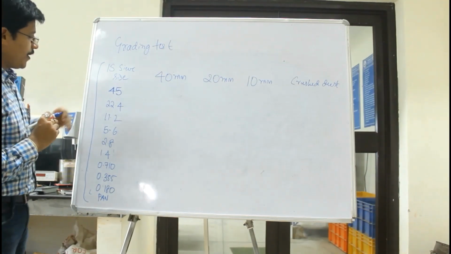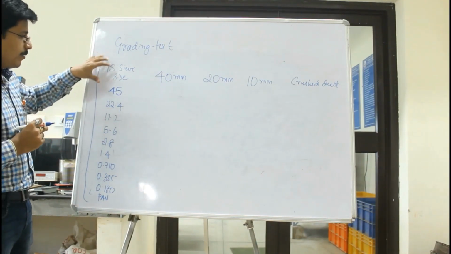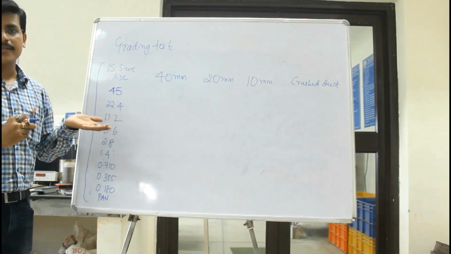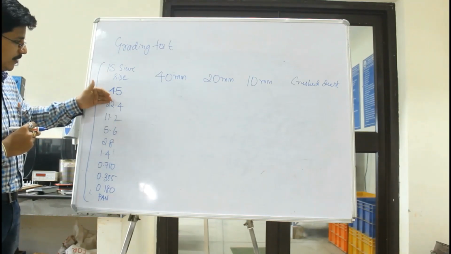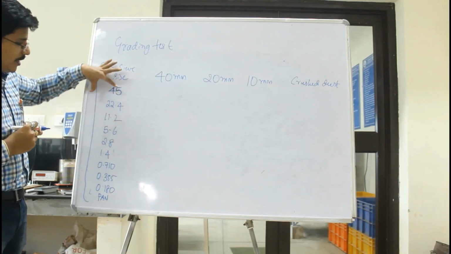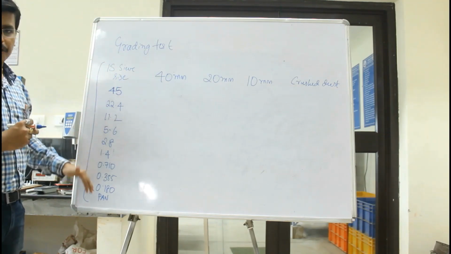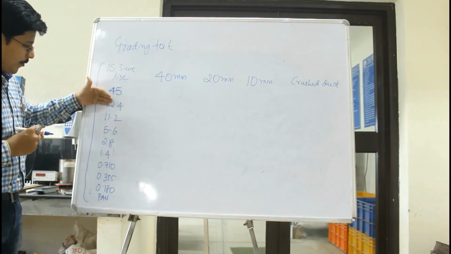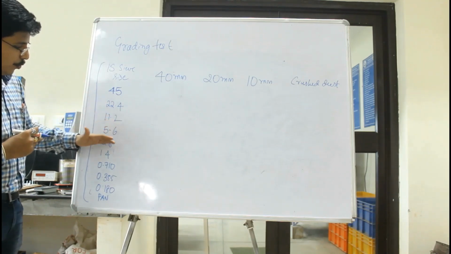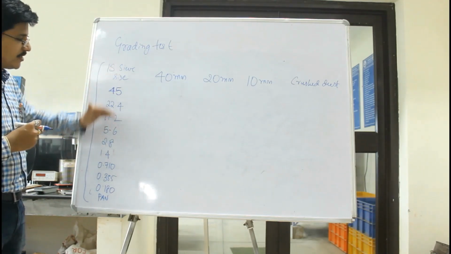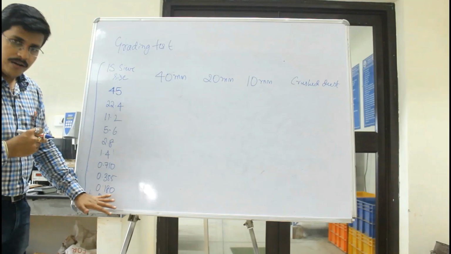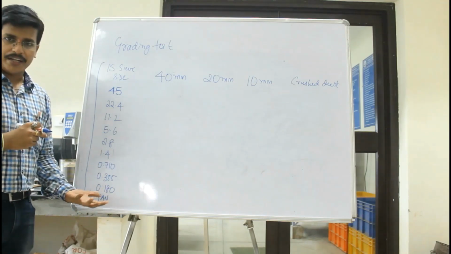So for a given mix, be it a bituminous mix or a concrete mix, we have a defined sieve set, which we will arrange in decreasing order. There is 45, 22.4, 11.2, 5.6, 2.8, 1.4, like that in decreasing order. And the bottom is called the pan, which collects all the dust particles at the end.